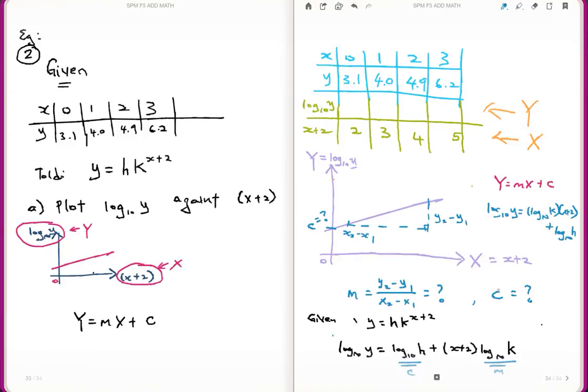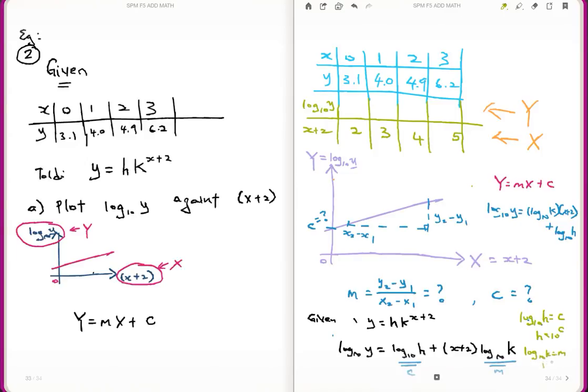Things will be so much easier because from the graph you relate it: log 10 h is c, log 10 k is your gradient. You should be able to do it now because you have read from your graph. So therefore, log 10 h is c, and therefore h is 10 raised to the power of c, right? And then log 10 k is my gradient from your graph.